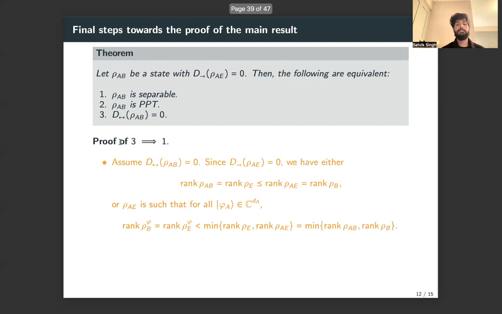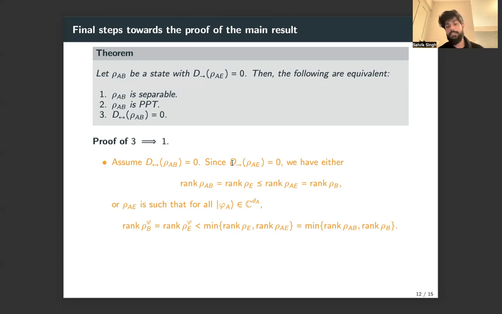And what we do is we straight away apply the previous result. So if we assume that 3 is true, then since rho AE is one-way undistillable, it must be the case that rho AE satisfies this rank assumption. It cannot be low rank, because then our previous result would show that it is actually one-way distillable.